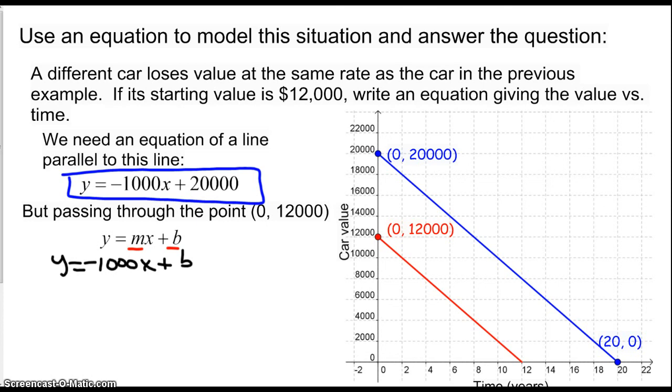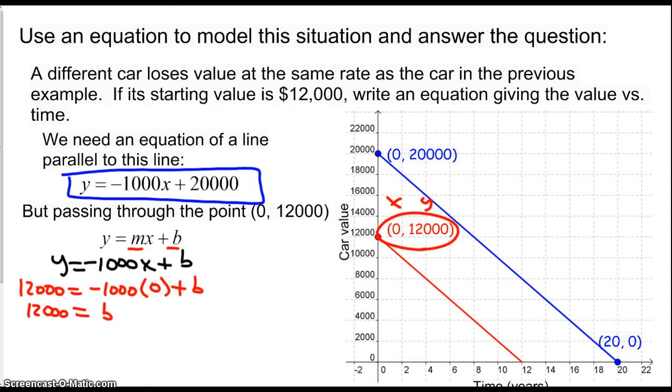So now I'm going to go to this point and plug that point in for x and y to see what the value of b should be. Well, for y, it's going to be 12,000 equals negative 1,000 times x plus b, and that 12,000 happens when x is 0. So I'm plugging 0 in for x, 12,000 for y, and then I'm going to solve for b.